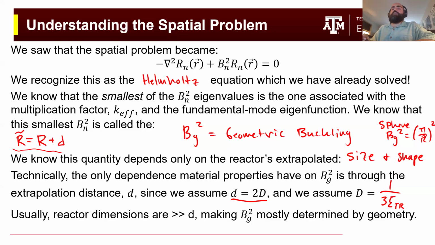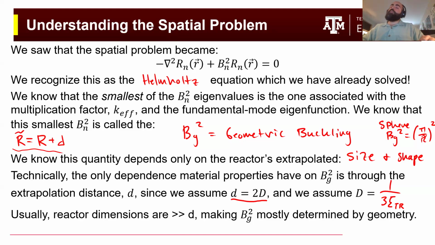But if this is a reactor, whatever the value of R is going to be much bigger than whatever our extrapolation distance is. So the extrapolated radius is going to mostly be based on the geometry and only slightly based on the materials. So hopefully that makes sense.